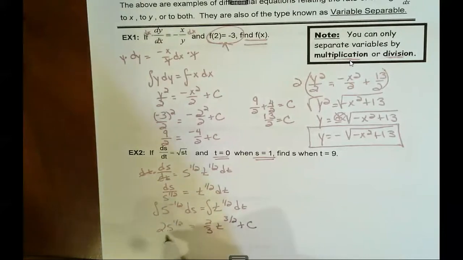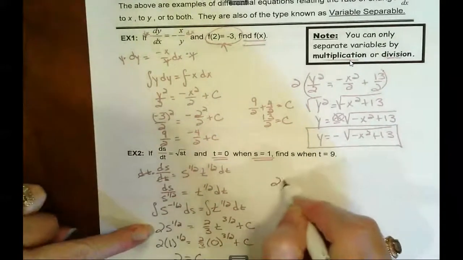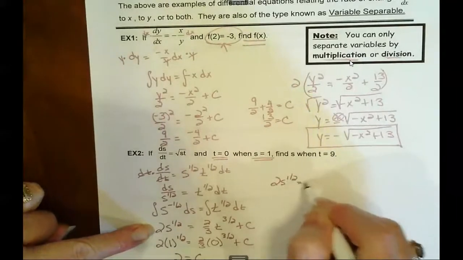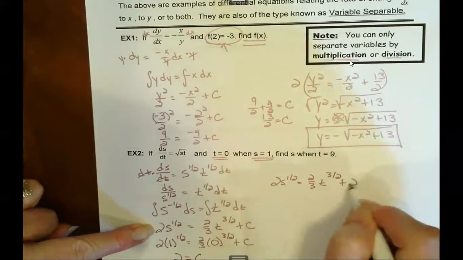So we have 1 to the 1/2 power equals 2/3 times 0 to the 3/2 power plus c. So this is just going to be 2 equals c. So if c is 2, I'm going to go back right here and put that in. 2s to the 1/2 equals 2/3 t to the 3/2 plus 2.